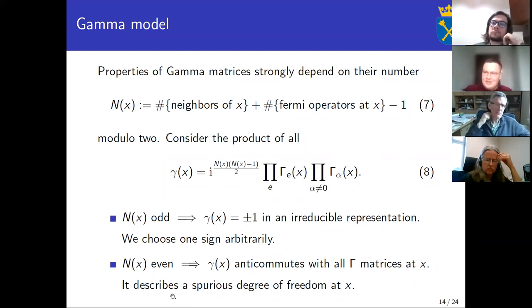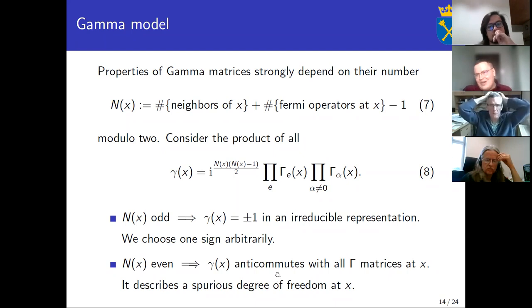So now let's say that n of X is even. So we have this gamma of X which anti-commutes with all gamma matrices. So in particular, we could think about this as another gamma prime alpha, corresponding to some other fermion which was not present originally.